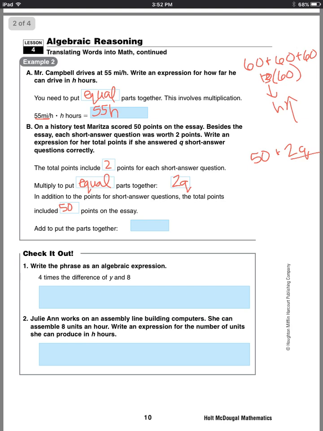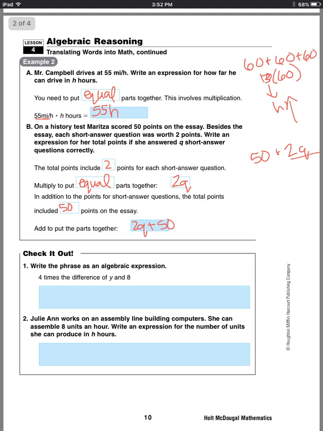And then we're going to add to put the parts together, and your answer is 2Q plus 50. That means we put the total number of questions she got right in for Q, multiply it by 2, and add 50.